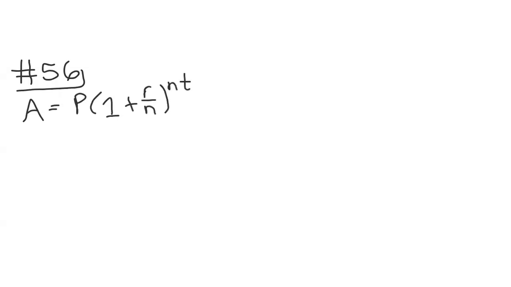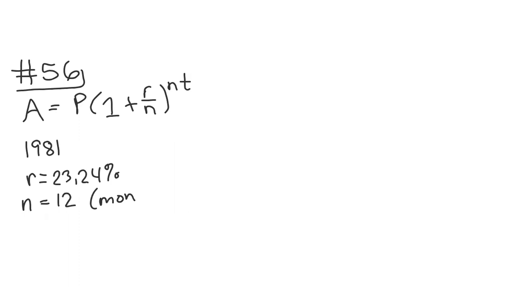And then it reads, on August 8th, 1981, American Savings offered an insured tax-free account paying a rate of 23.24% compounded monthly. Oh, monthly. Well, so n equals 12.